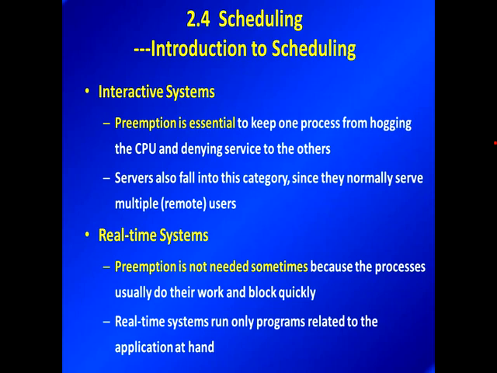So usually we just adopt preemptive scheduling algorithms for interactive systems because the response time is very important for this kind of systems.